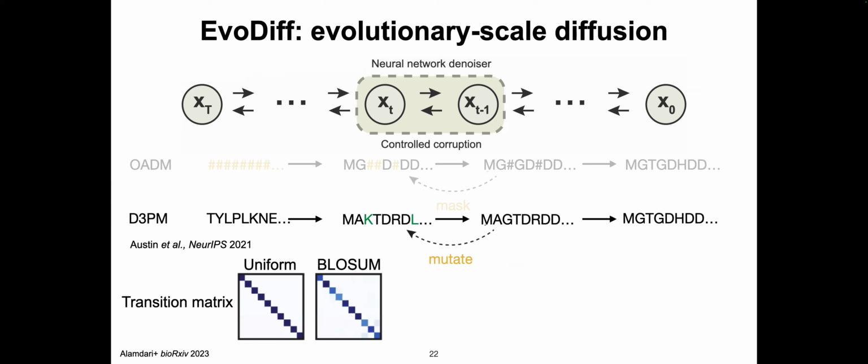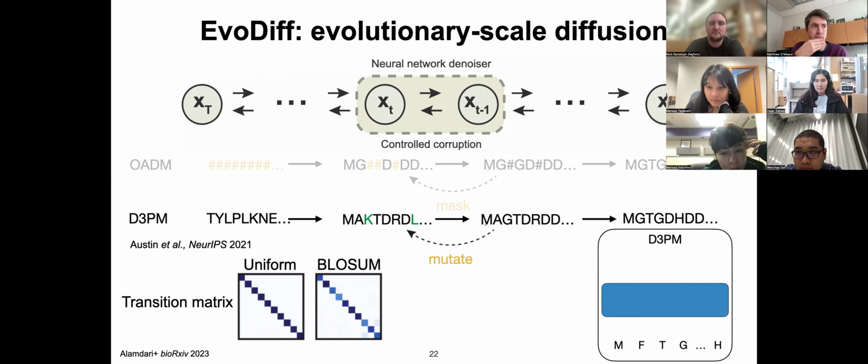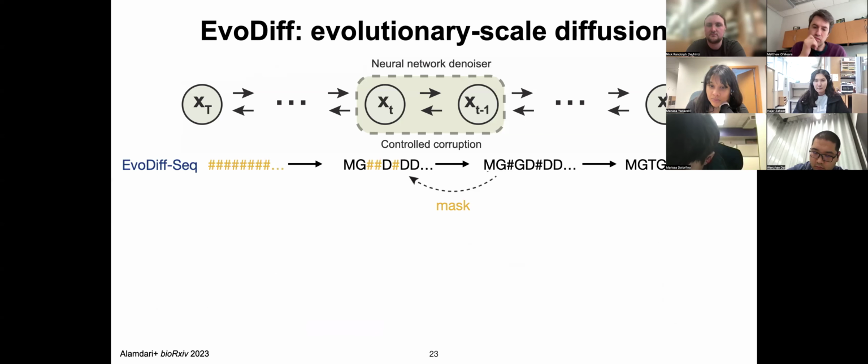So now we're corrupting by mutation. At each step, our transition matrix determines which amino acids are mutated to other residues with some probability that we can control. And then the task of our model at each step is to uncorrupt or figure out what the true token should be at that corrupted location. This is a much more difficult task for the model as it doesn't have context in this case as to what is being corrupted. Whereas in the mask case, that's denoted by a symbol.